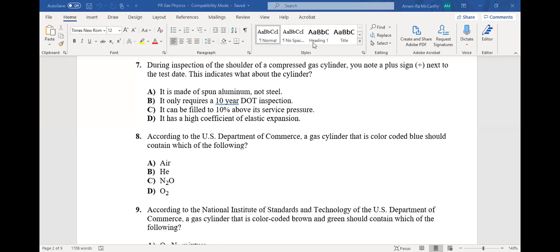Blue. So Tawanda, I mean not Tawanda, but Miss Tabor, can you tell me what gas should be in a blue cylinder? Miss Tabor, you with us?